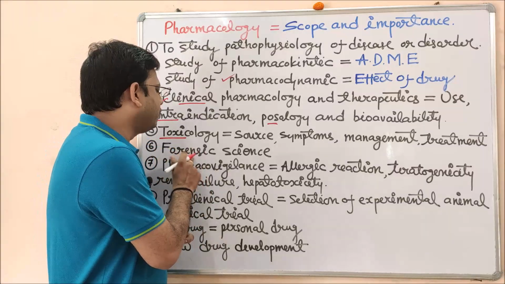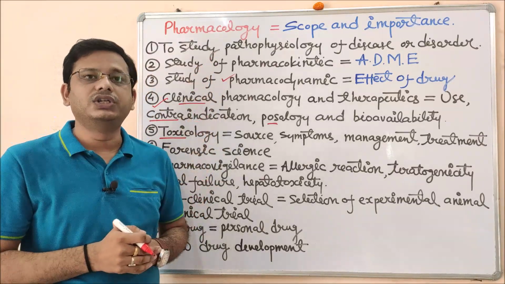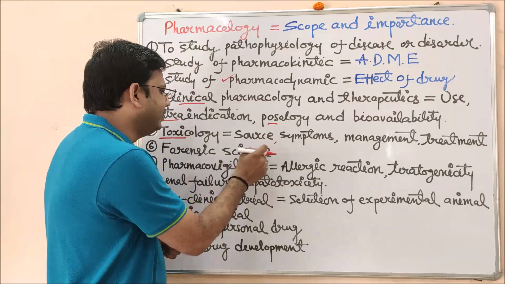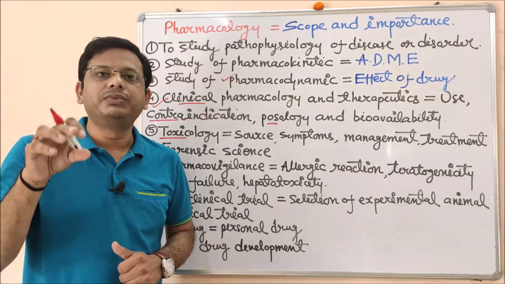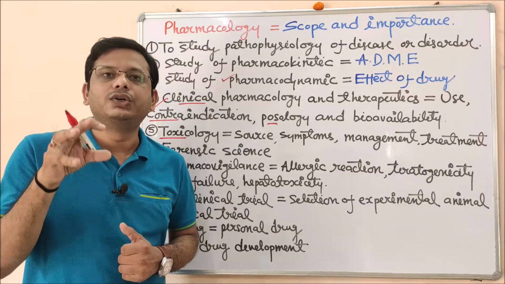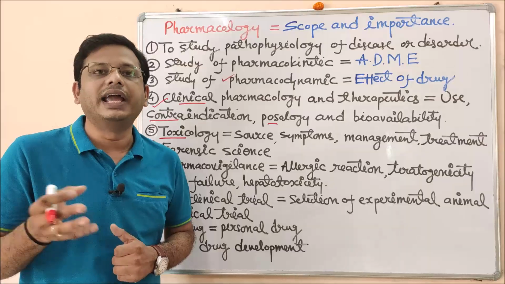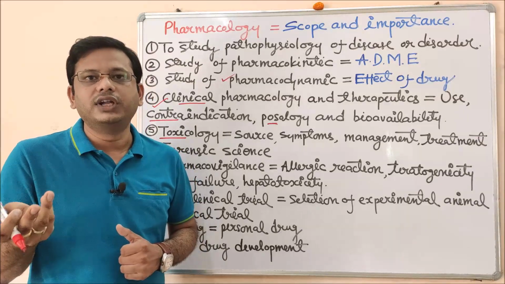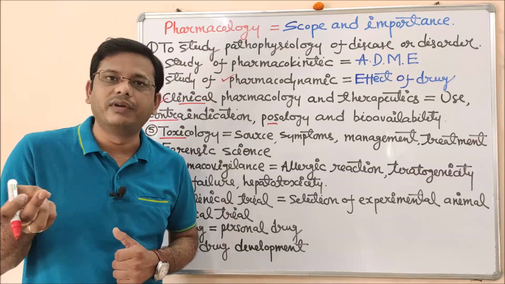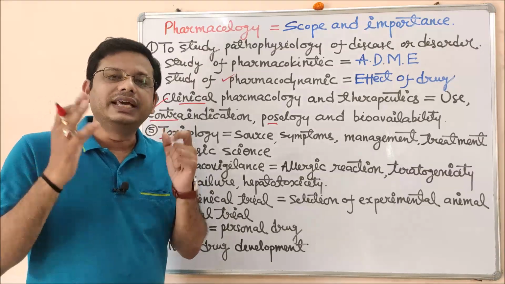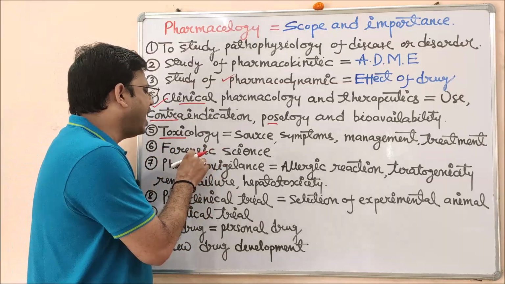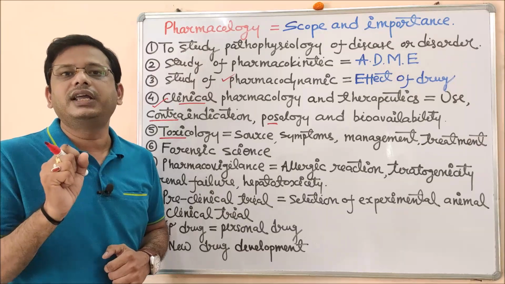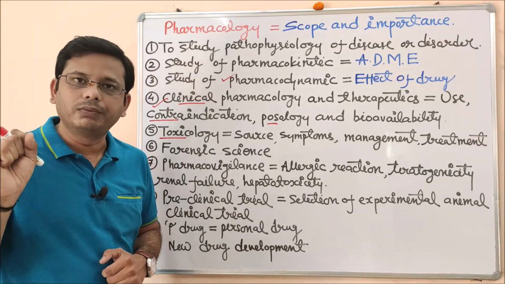Then by utilizing this forensic knowledge with the help of pharmacology at receptor level, cellular level, blood component level, we can apply that knowledge: which symptom persists, how much time it took to give its unwanted effect. Like different types of serum culture we can do, and how the level of blood, how the level of drug is available in that particular case. So there are so many techniques which can be used for the identification of a particular poison or any other suspected material in a particular patient's body.